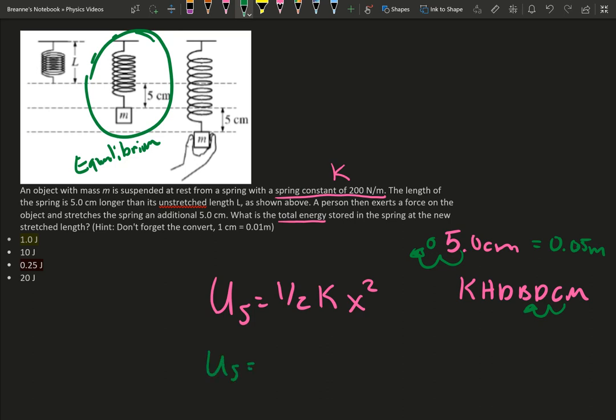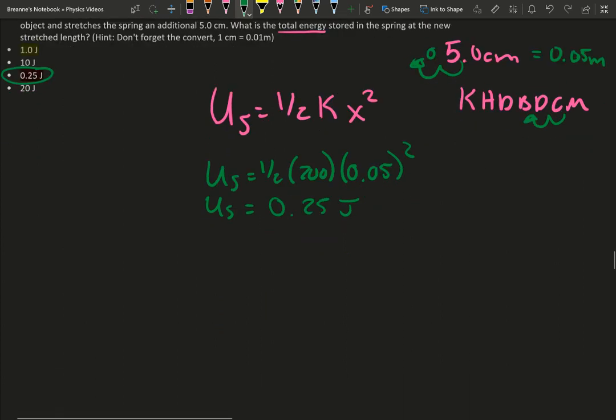So you just do your 1/2, 200, make sure you do your converted version, and you get that the potential energy of the spring is just 0.25 joules. I think what a lot of people did is they did the 5 plus 5, because they think it's the total stretch. But remember your x is just from equilibrium. It's your stretch from equilibrium.